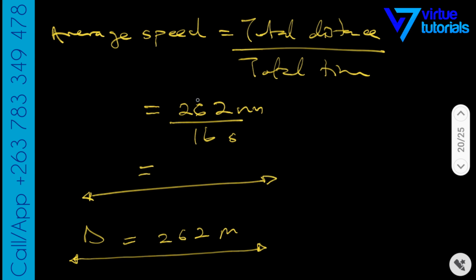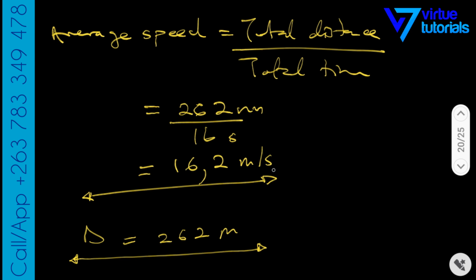So what do we get? 16 into 262 is going to be 16, and it's going to give us a remainder. So it's going to be 16.2 meters per second.